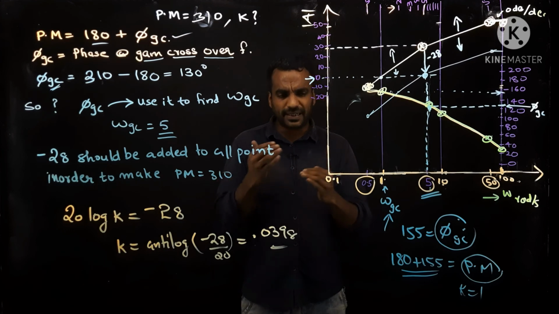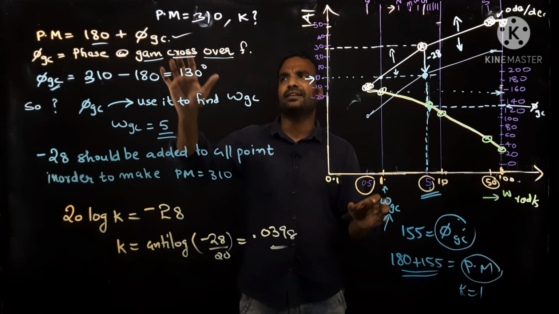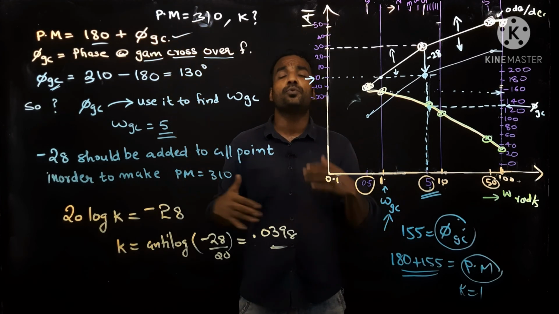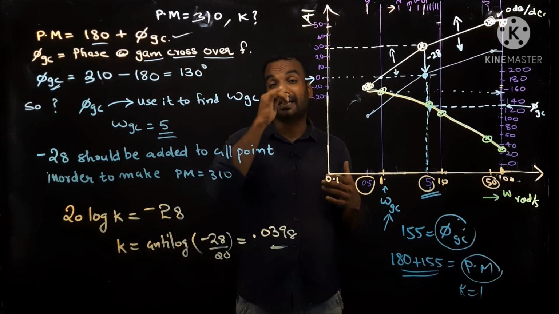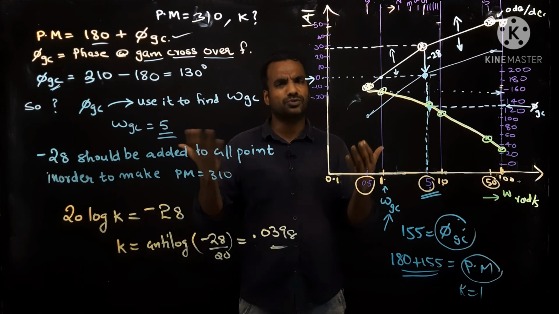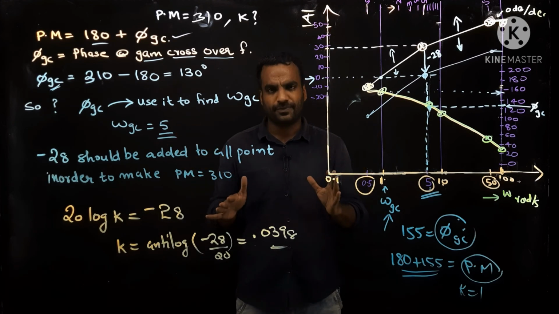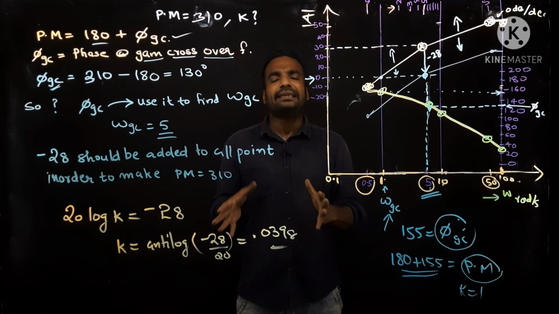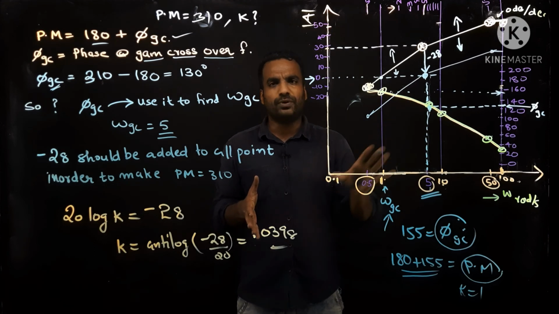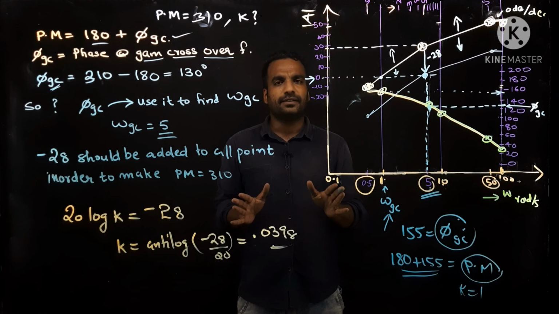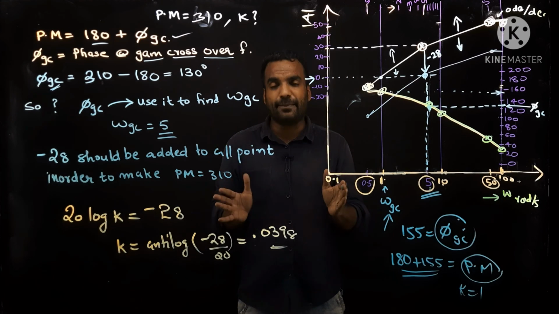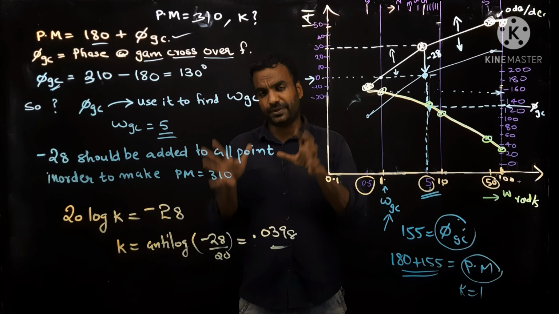There may be similar questions with slight differences in the value of phase margin. You may be asked to find the value of k with some desired gain margin also. That is also very simple. You can do that. So make the base very strong by viewing these 4 videos. Then you can answer any type of question appearing in the exam from this module.